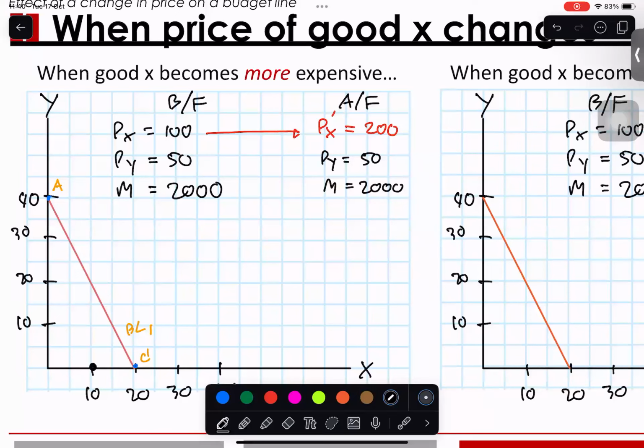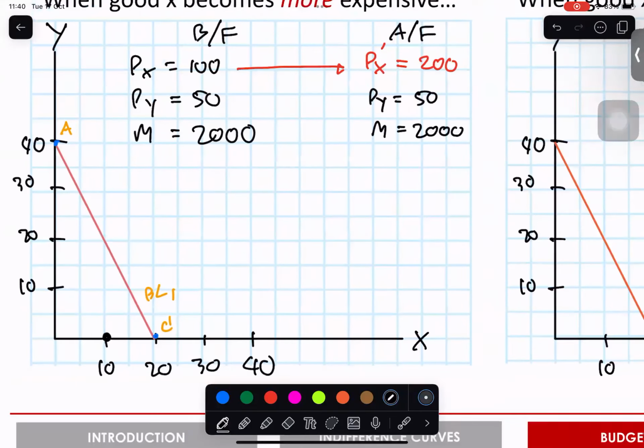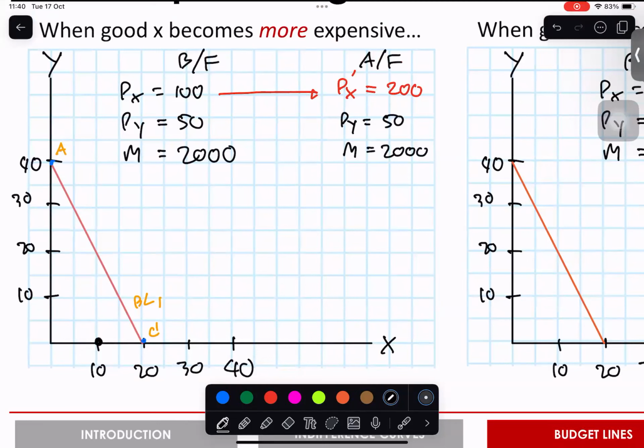How many Pepsi can he buy with the new environment? How many? 40. Where does it come from? Say it. I know that you know. From 2000 divided by 50. Yes. Which is this spot, right?